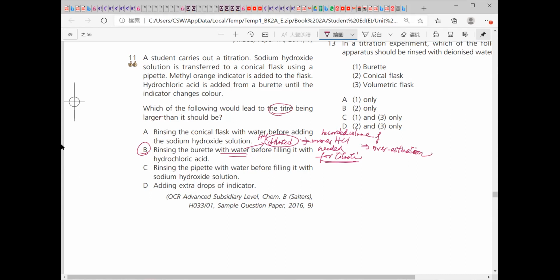So the titer is larger than it should be. Okay. So remember the recorded volume. We call that the volume of titer is larger than expected.